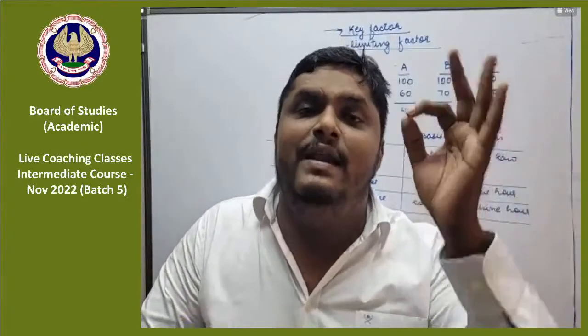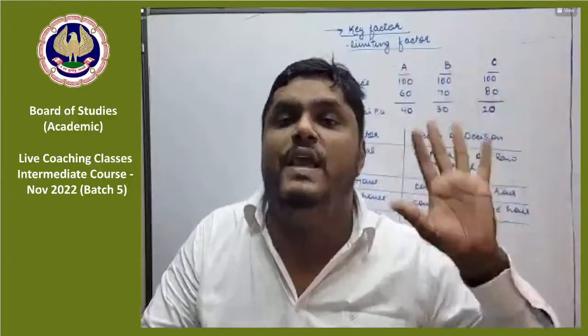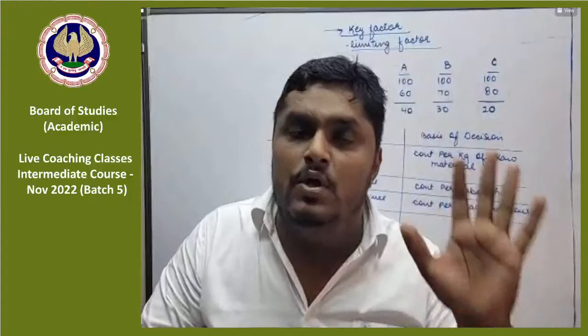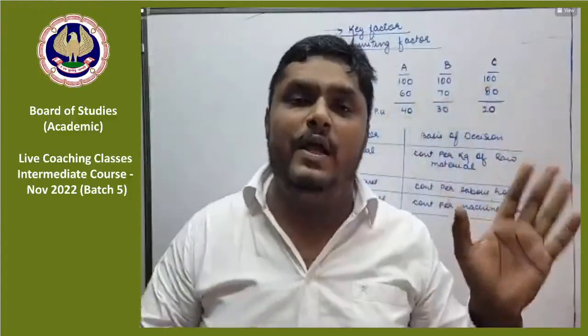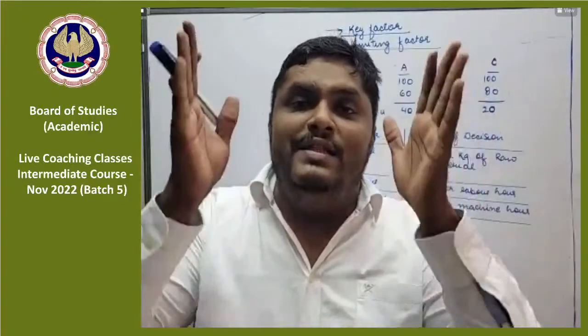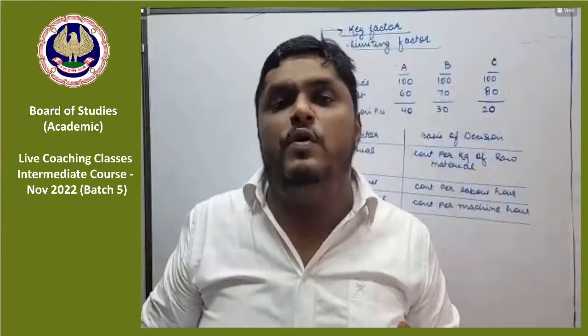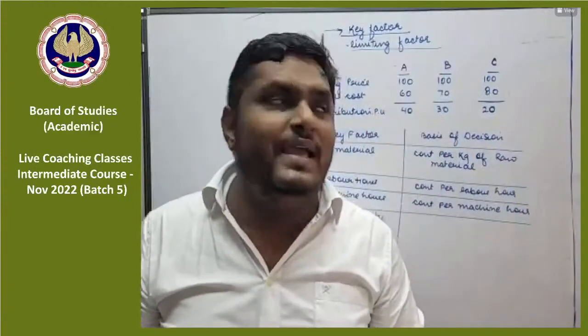I repeat, the limiting factor is on the number of units sold, that this many units we can produce maximum. So can you tell me which product is more profitable for the company? If the key factor is the sales quantity, that is, there is a ceiling on the number of units we can manufacture. Waiting for your answers, guys.